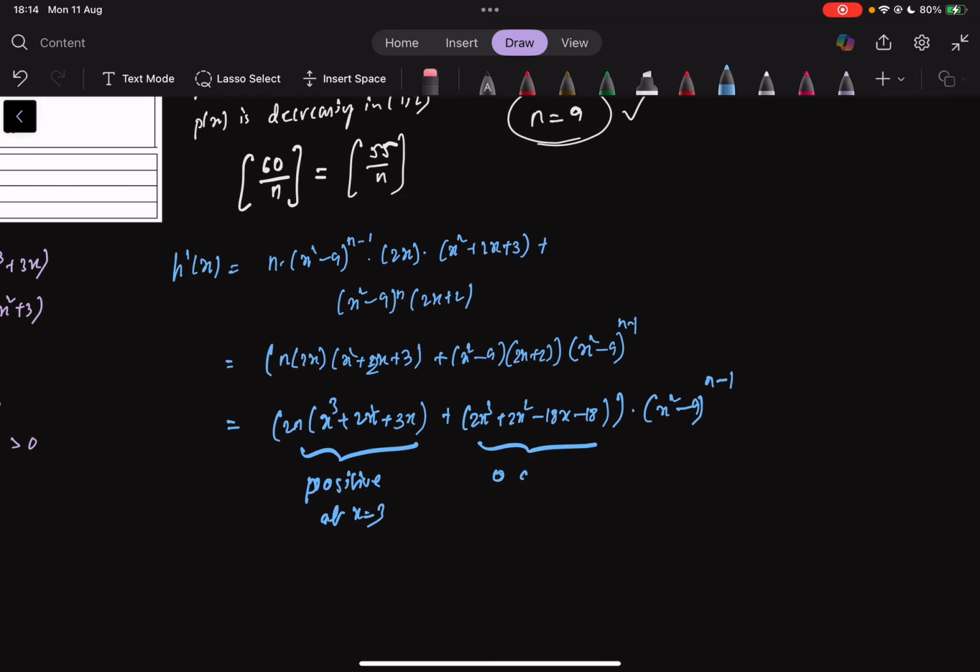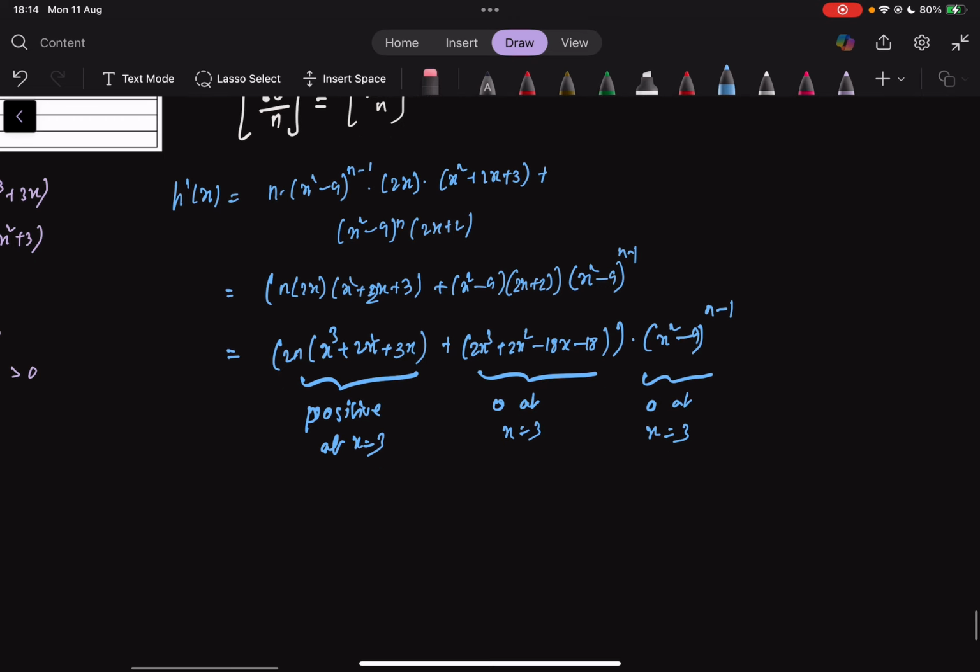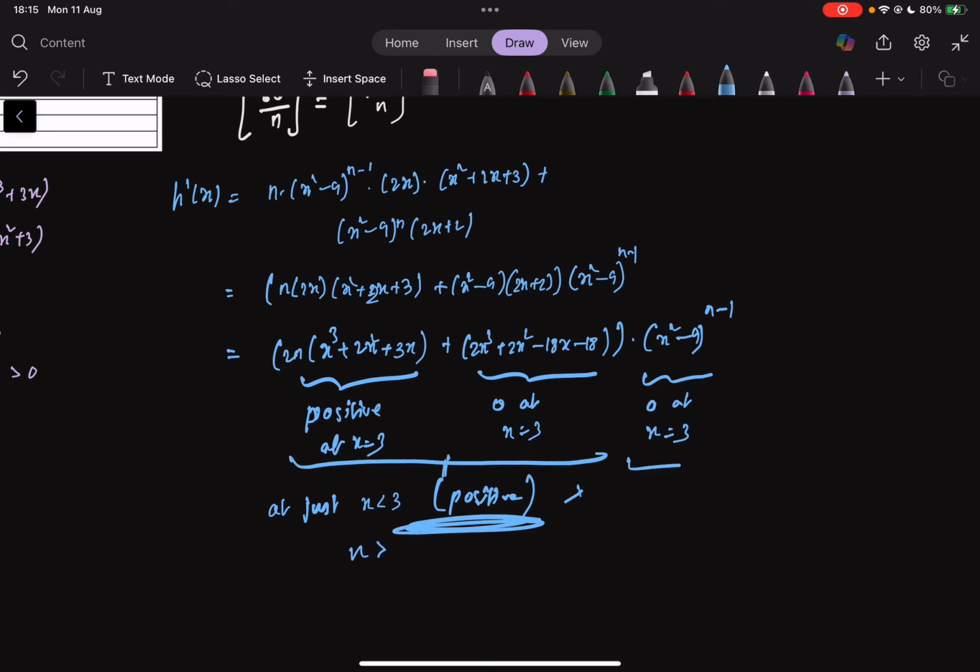Now this quantity is 0 at x equals 3, and this is also 0 at x equals 3. Just less than 3, this entire thing is positive and this thing will be negative. So just less than 3 it should be negative, and just greater than 3 it should be positive, because this entire thing is always positive.